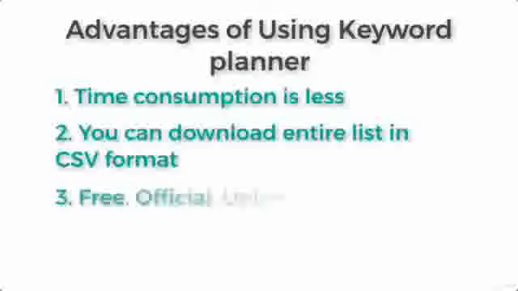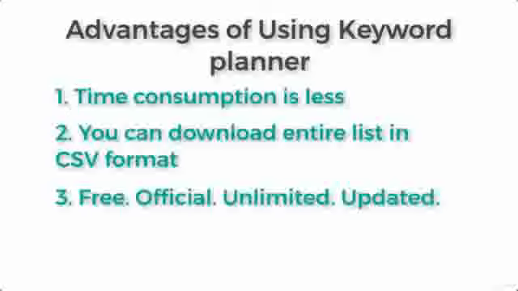Third, above all, Keyword Planner is a free tool from Google itself. So, you get an unlimited list of keywords, not just the top 5 or top 10, and they are all updated as well as recent.